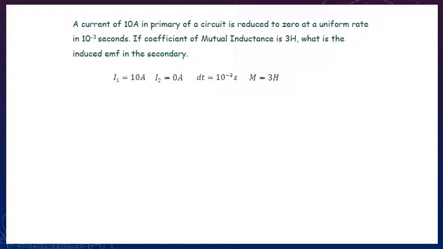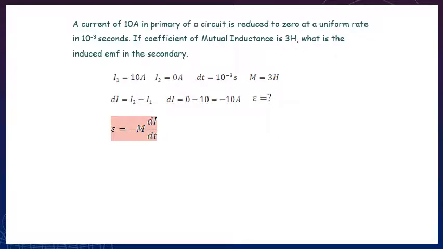Mutual inductance is 3 Henry. So change in current is final current minus initial current, 0 minus 10, so that is minus 10 ampere. We have to find out what our EMF is.